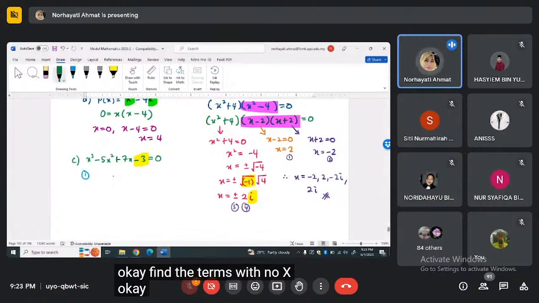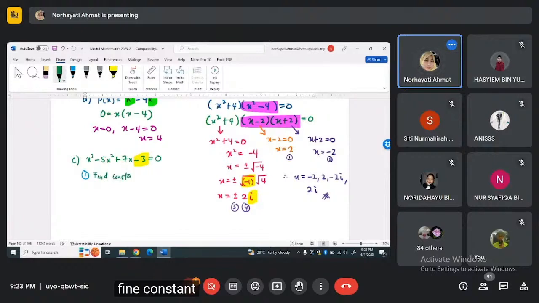Okay, ke sini, find constant. And then get factor or all factors of the constant.